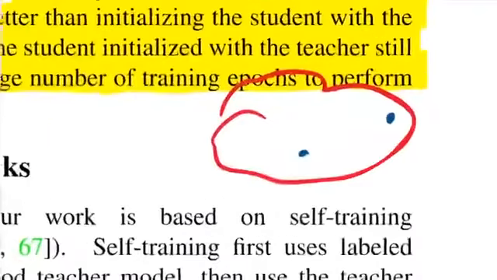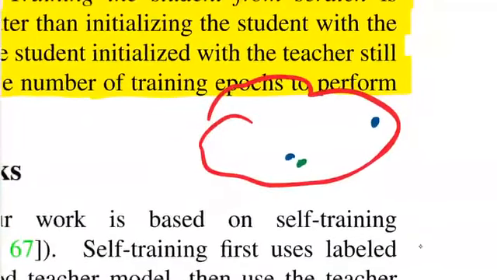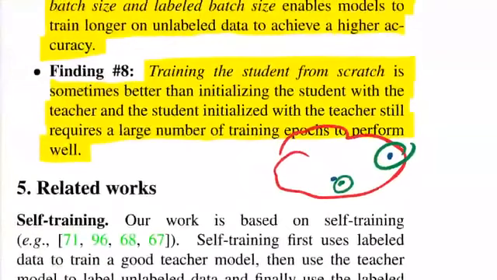If I learn the same thing, you might think the minima are fairly close together. So the teacher's minimum might be here and the student minimum might be fairly close. So it might be beneficial to start not over here, but at the teacher's minimum. But this doesn't always seem to be the case.